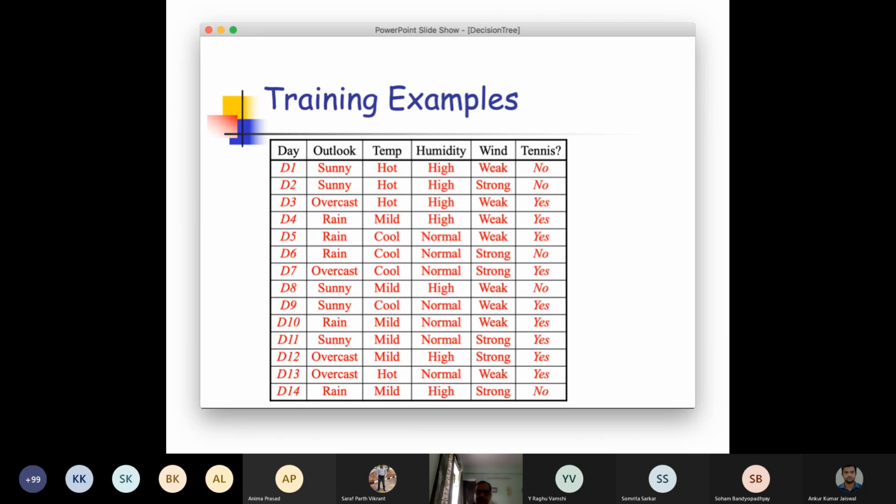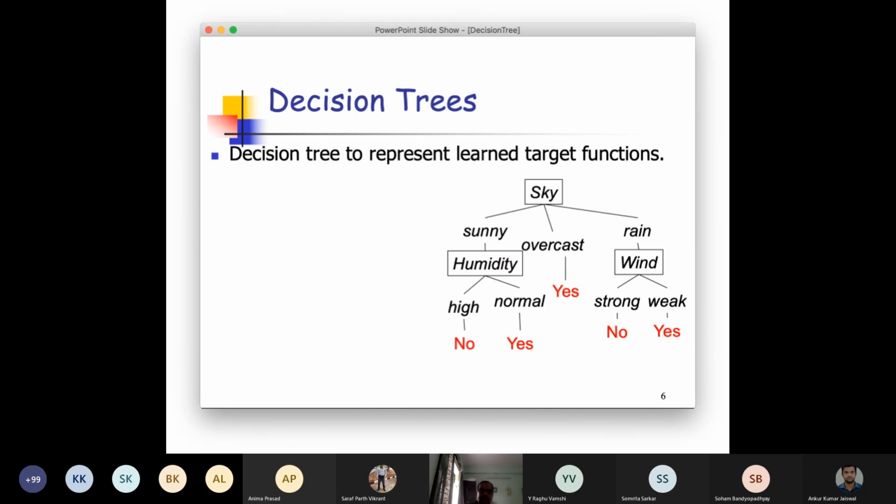Here it is 4 attributes, and we also consider whether we should play tennis with that condition or not. So there are 2 outcomes, either yes or no. And the example of decision tree is given with respect to this only. So this is a decision tree with respect to that, which we have already considered.